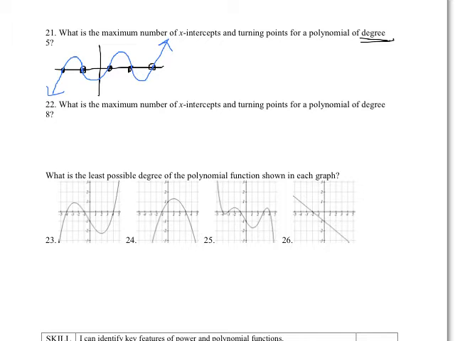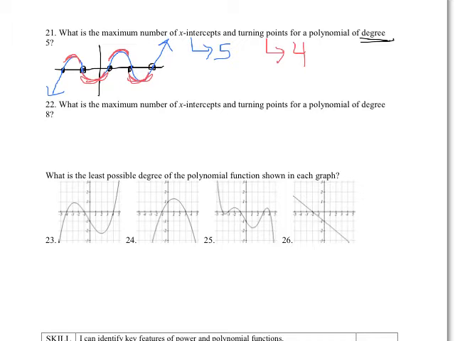It doesn't have to cross 5 times, but at most it will cross 5 times. So the maximum number of x-intercepts is 5, and the turning points is basically how many times we turned directions. So we turned once, twice, 3 times, and 4 times. So the number of turning points is 4. And your maximum number of turning points will always be 1 less than the degree.